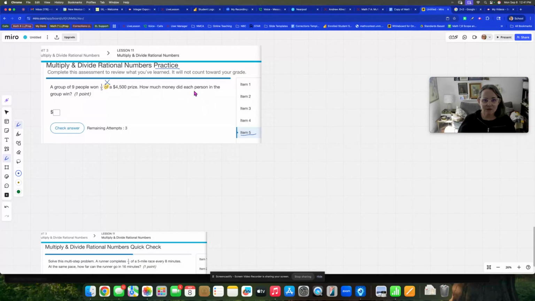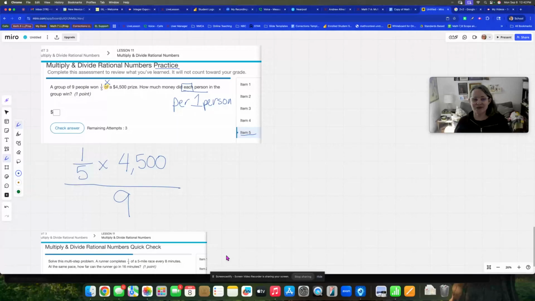We're trying to find how much money did each person in the group win. So we want to know the rate per one person. So I've got this idea of the 1/5 times the 4,500, but I know that this is per 9 people.